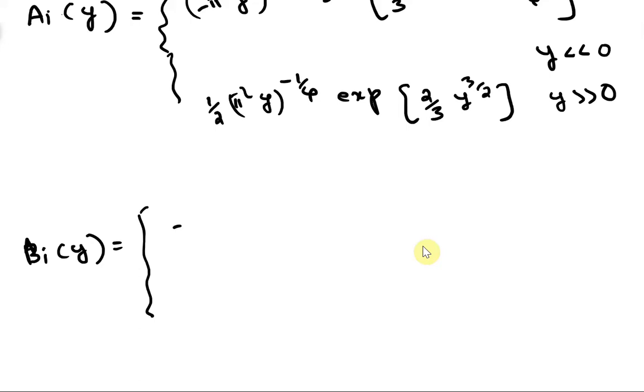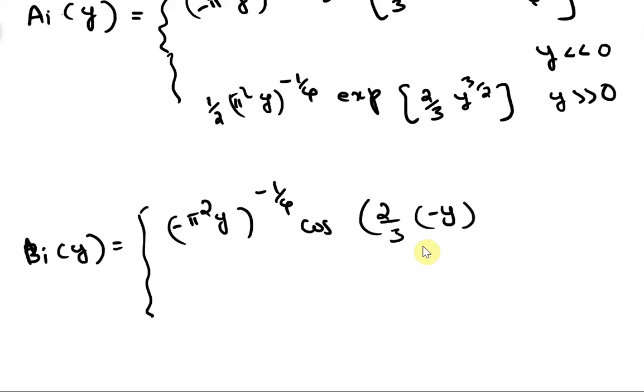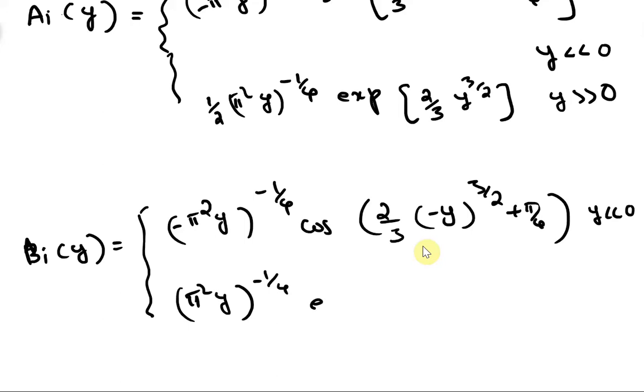So this expression is going to be minus pi square y whole raised to minus 1 by 4 cos of 2 by 3 into minus y to the power 3 by 2 plus pi by 4, for y less than 0, and another one is pi square y raised to minus 1 by 4 exponential of 2 by 3 y raised to 3 by 2. This is when y is greater than 0.